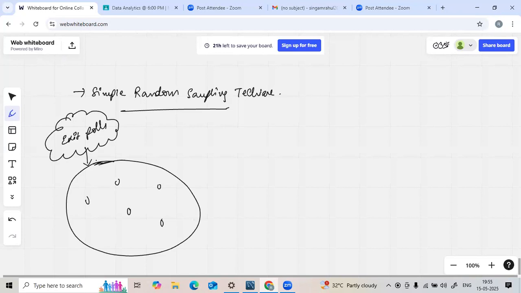Based upon your sample result, you are going to predict, you are going to forecast which party is going to win for that entire population. Yes or no? We can assume this type of example as the simple random sampling technique. Guys, agreeing with this point?